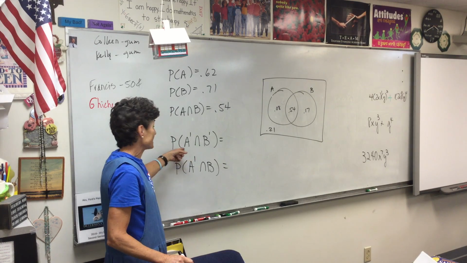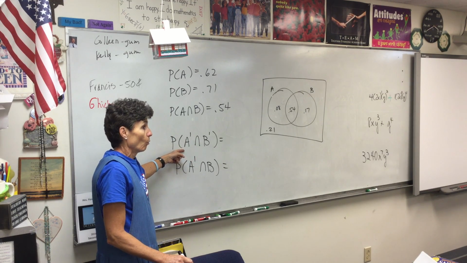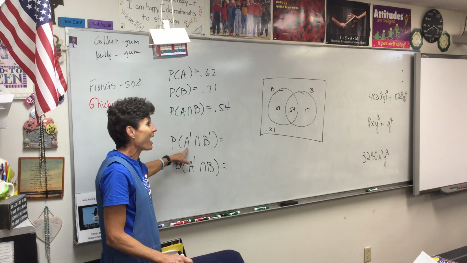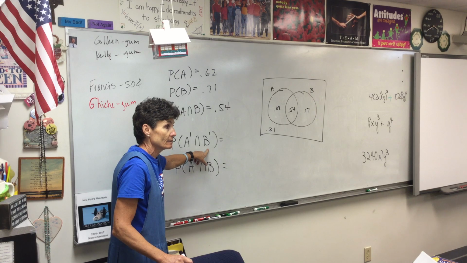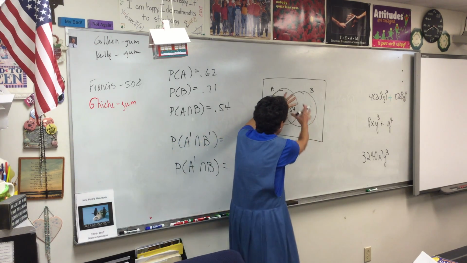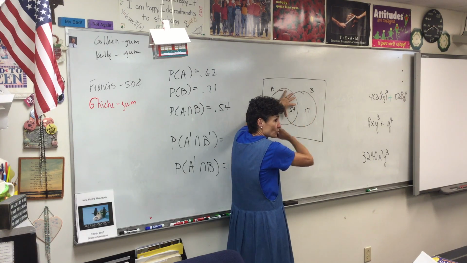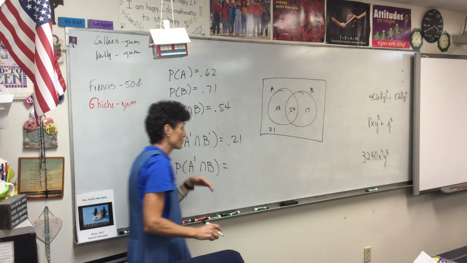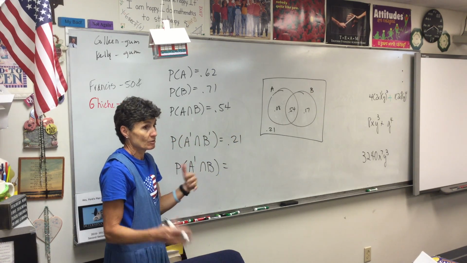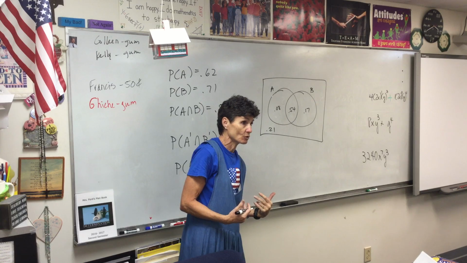Now, what's this question want to know? What's the probability that you're not in A and you're not in B? Wouldn't that be everybody outside the circles? So that's 0.21. You're not in A and you're not in B, so you must be outside of the circles.